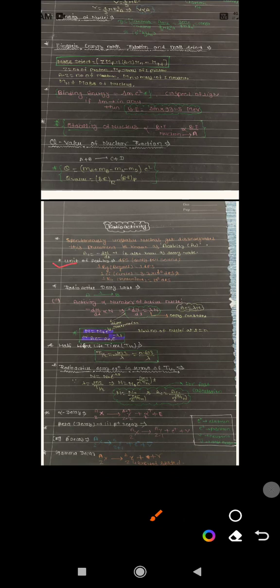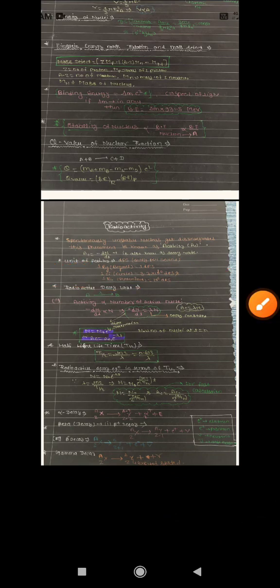And unit of activity is dps, decay per second, and its other units are becquerel, curie and Rutherford. 1 becquerel is equal to 1 dps, 1 curie is equal to 3.7 into 10 to the power 10 dps, 1 Rutherford is equal to 10 to the power 6 dps.